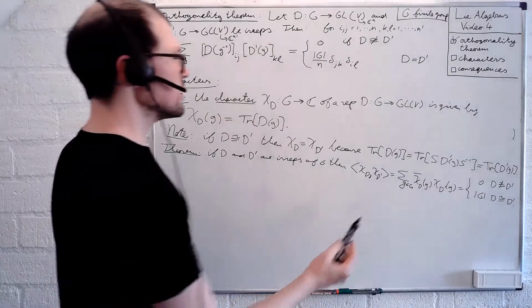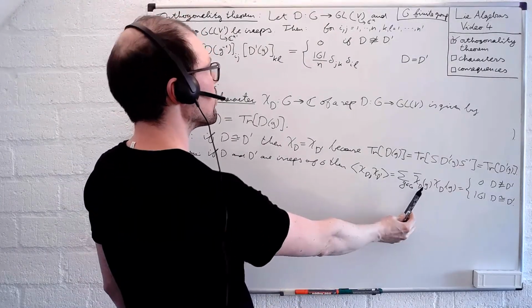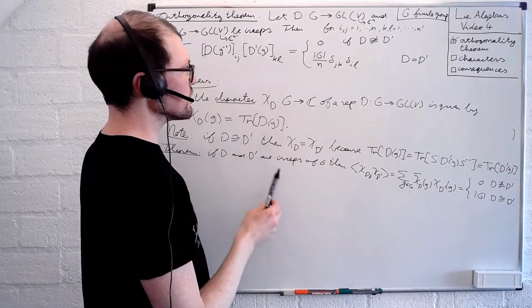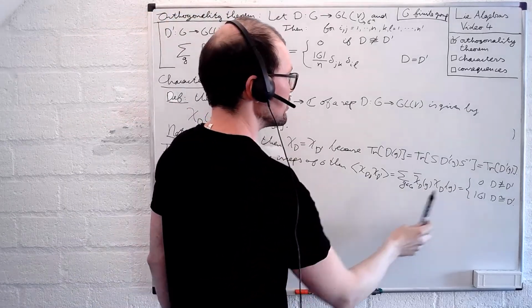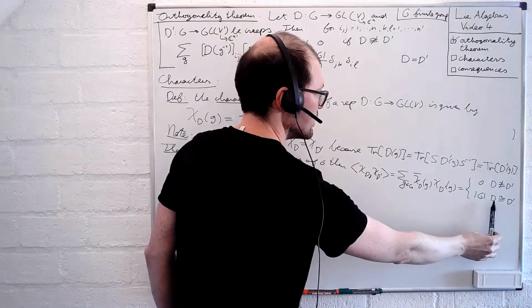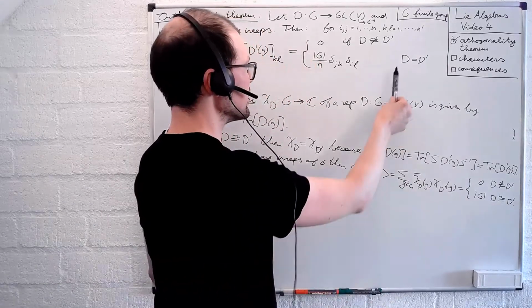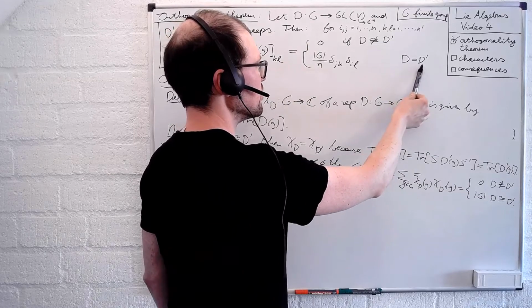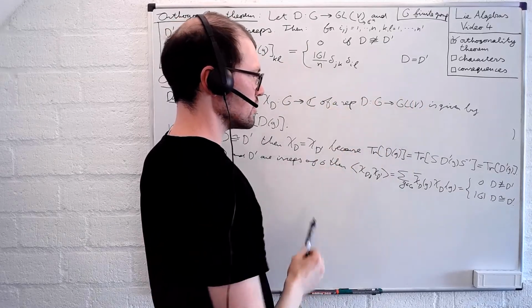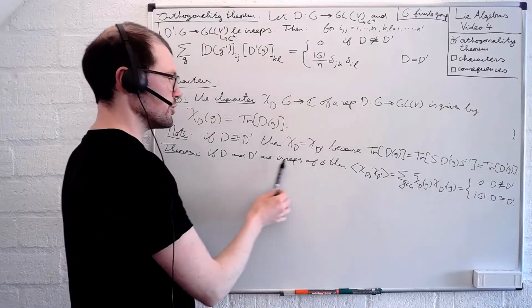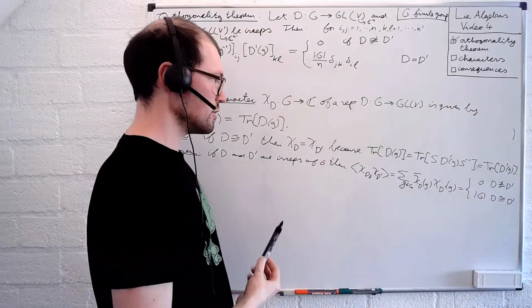As you can see, this theorem is slightly more powerful than the orthogonality theorem for the matrix elements, because it also says something about when D and D prime are equivalent but not exactly identical. Here I really had to assume that D and D prime are identical to get this result. Here it says something about arbitrary irreducible representations.